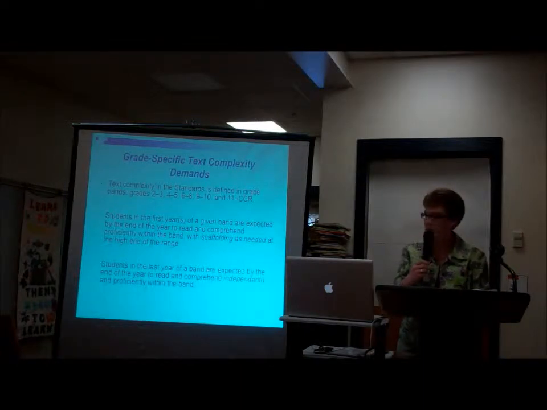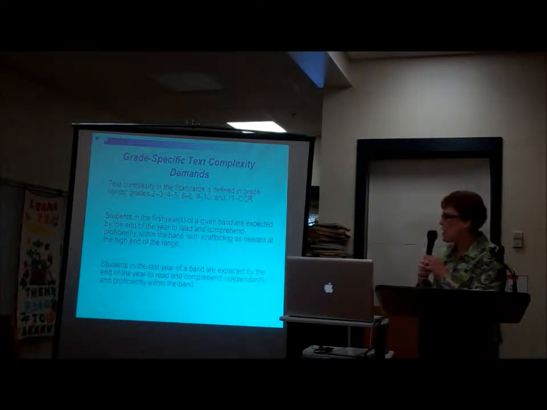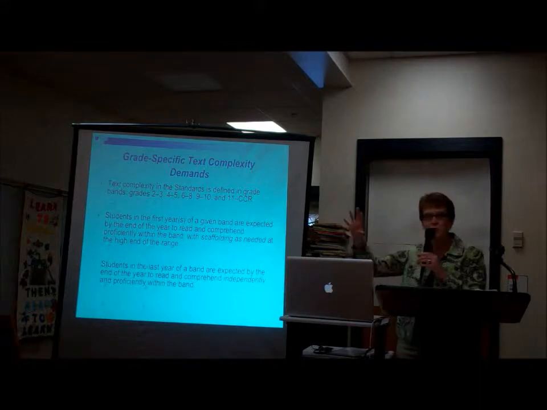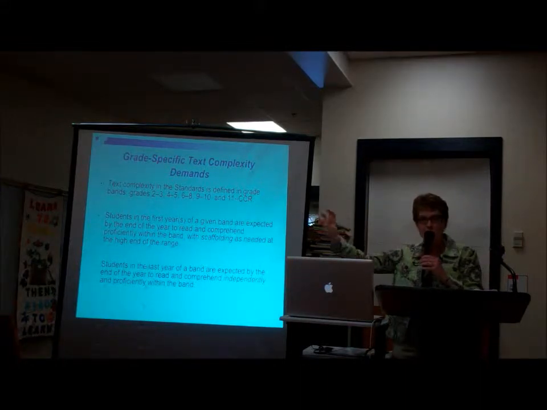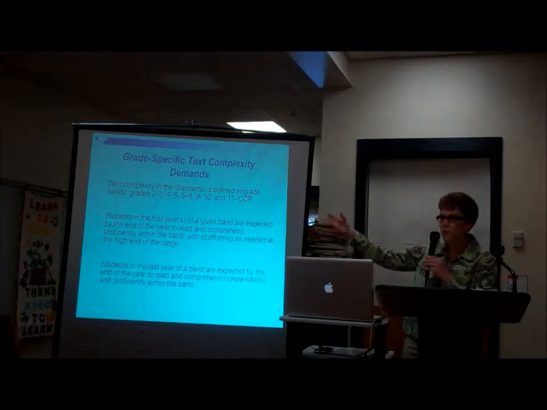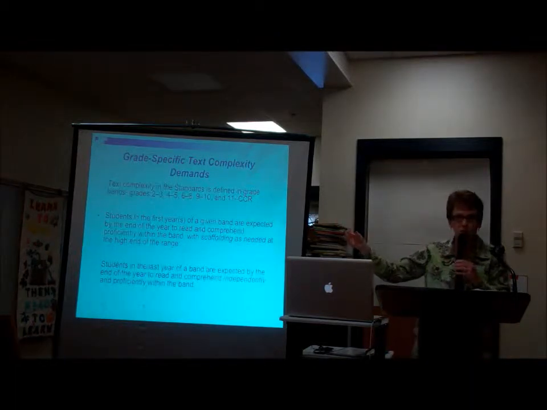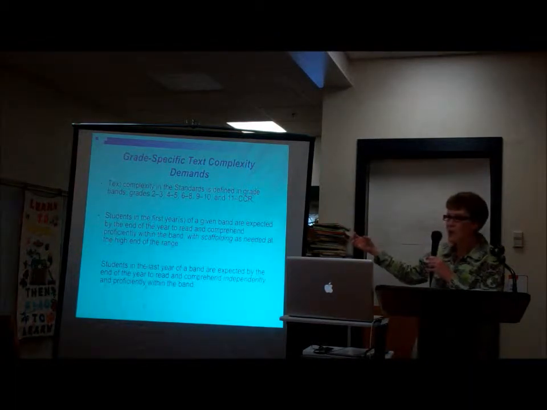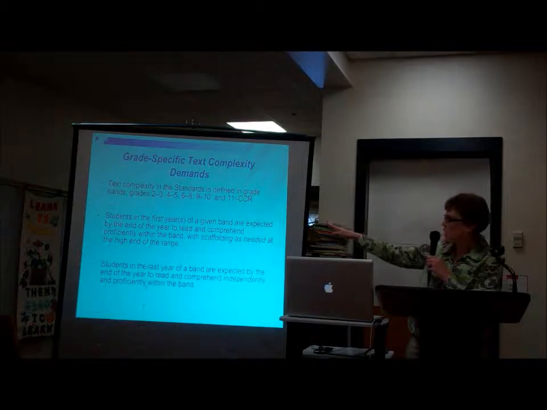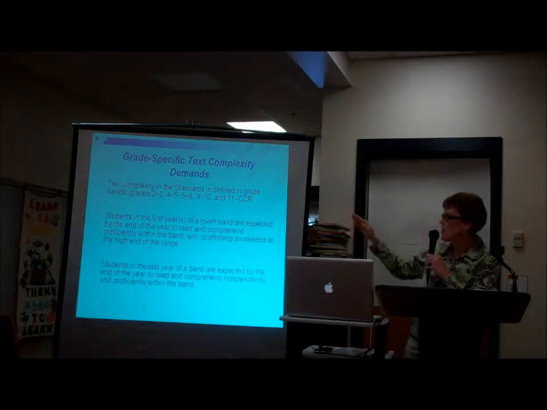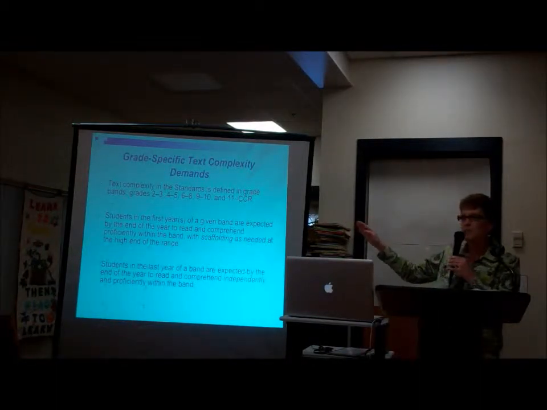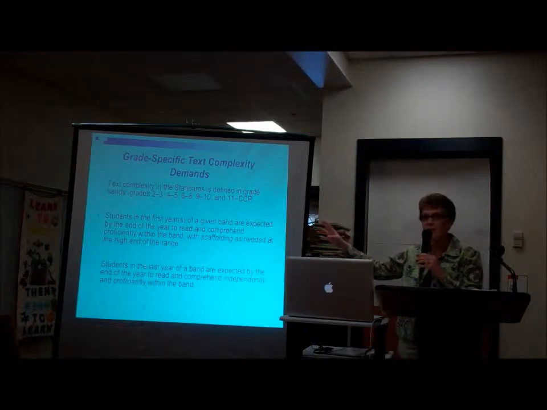So what we have is grade level bands. And you can see here, kindergarten and first grade is kind of off on their own, but then we have second and third grouped together, fourth and fifth, sixth through eighth, ninth and tenth together, and then eleventh through CCR. CCR stands for Career and College Ready.